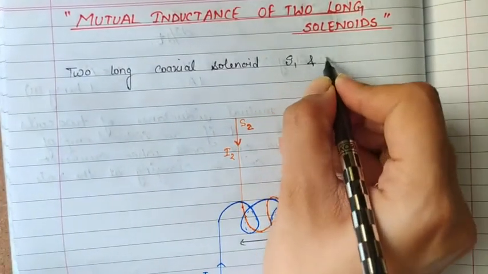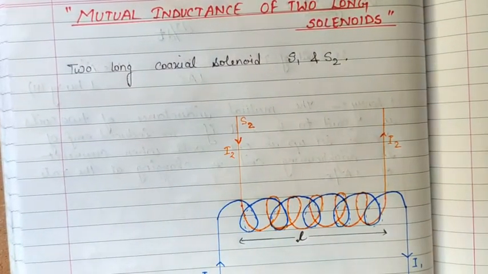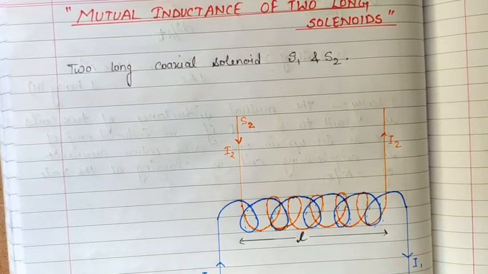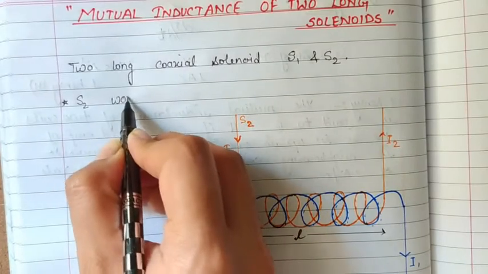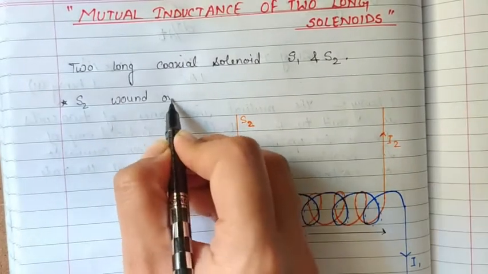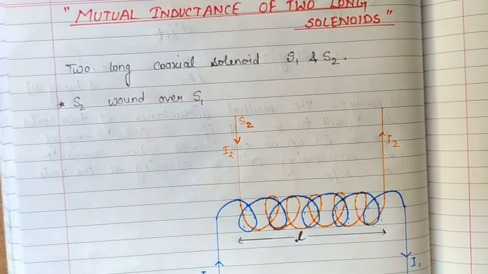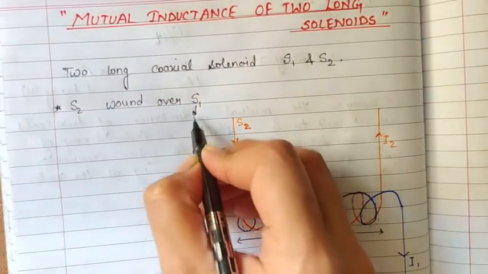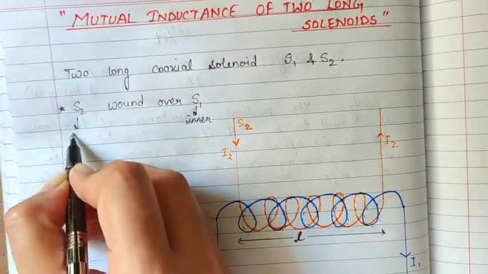S1 and S2. Now in this particular case we are taking that S2 is wound over S1. That means S1 is the inner solenoid and S2 is the outer one.